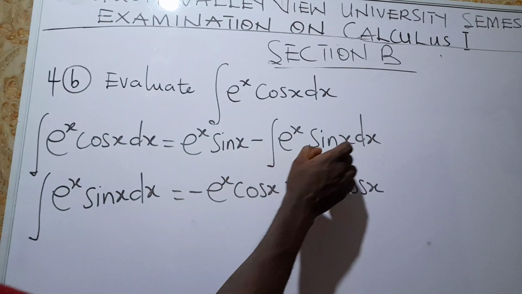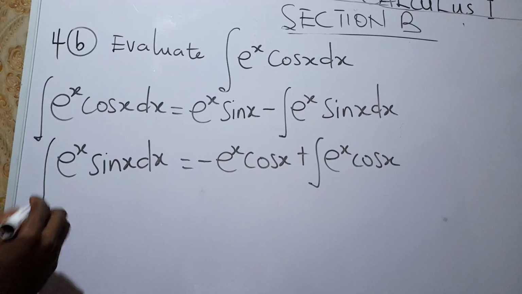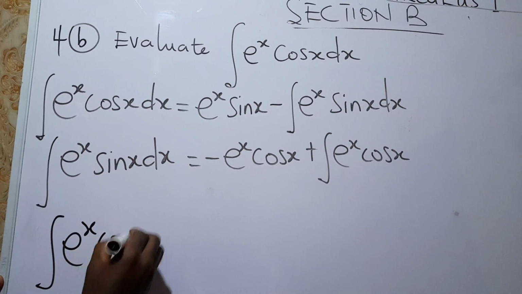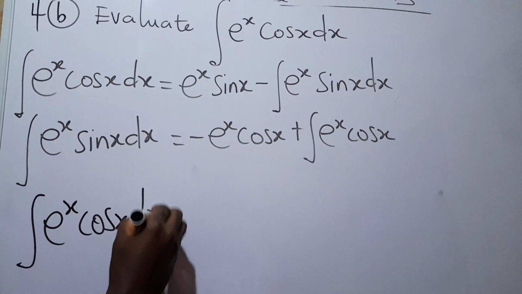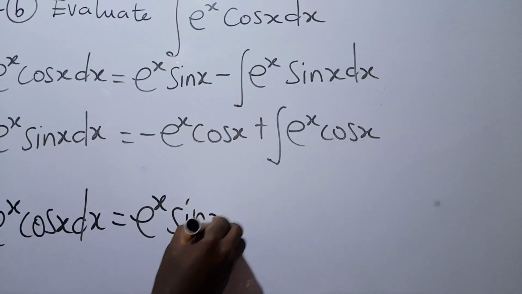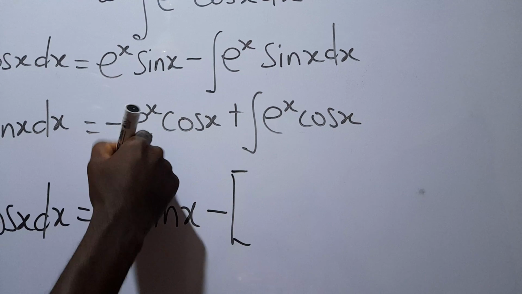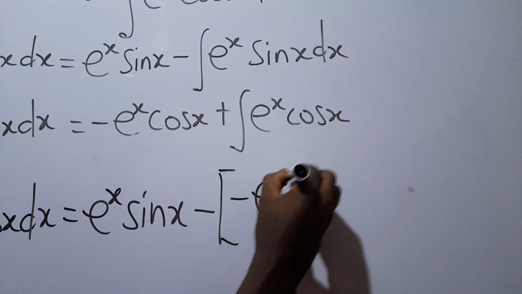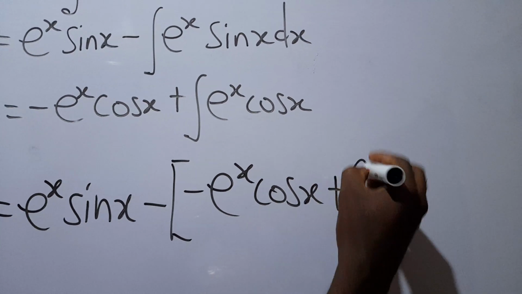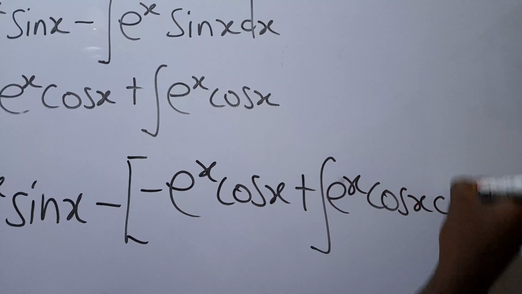So we have pulled this and solved by parts, and we had this. We now substitute. So we can say that the integral of e exponent x cos x dx will be equal to e exponent x sin x minus, so in place of this, we substitute this, minus e exponent x cos x plus the integral of e exponent x cos x dx.